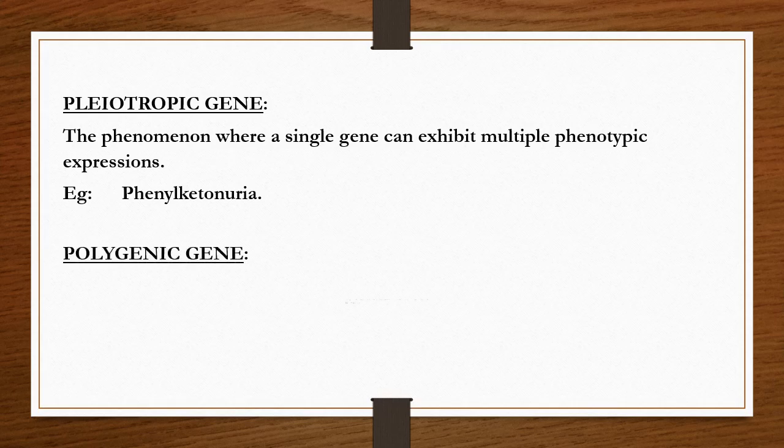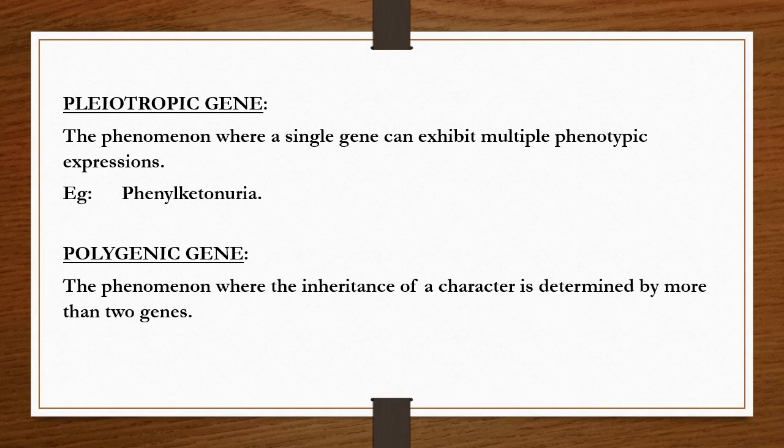Polygenic gene is the phenomenon where inheritance of a character is determined by more than two genes. Poly means many, so many genes represent only one character, that is a polygenic gene. Pleiotropic gene: a single gene can represent more characters. Single gene, more characters, pleiotropic.